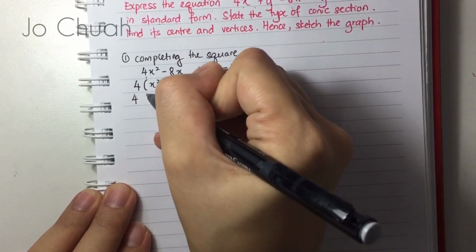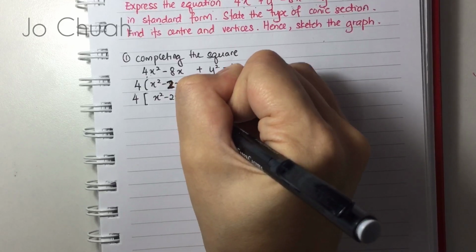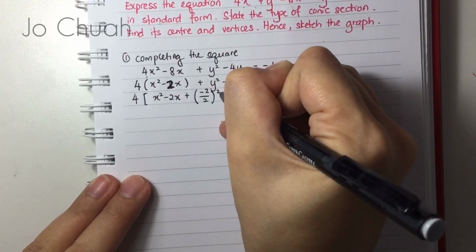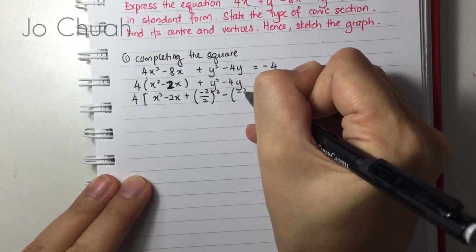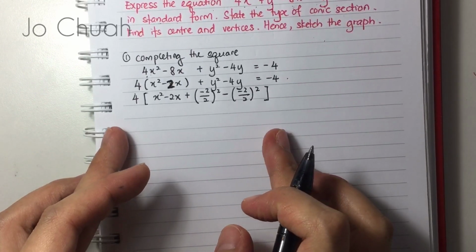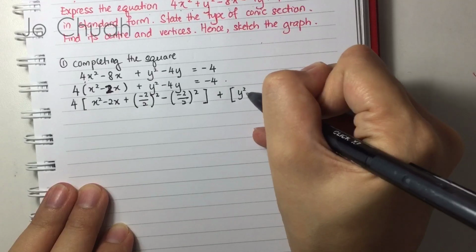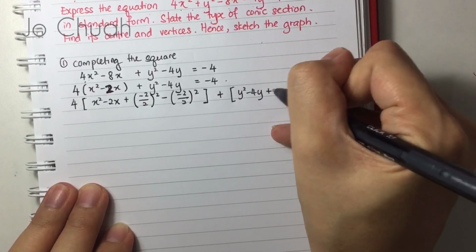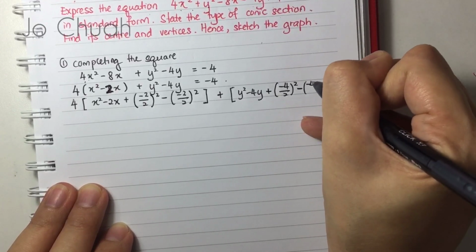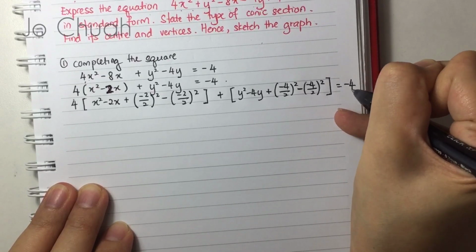So for the x part, you're going to have x squared minus 2x plus negative 2 over 2 squared minus negative 2 over 2 squared, close bracket. For the y part, you're going to have y squared minus 4y plus negative 4 over 2 squared minus negative 4 over 2 squared equals to negative 4.